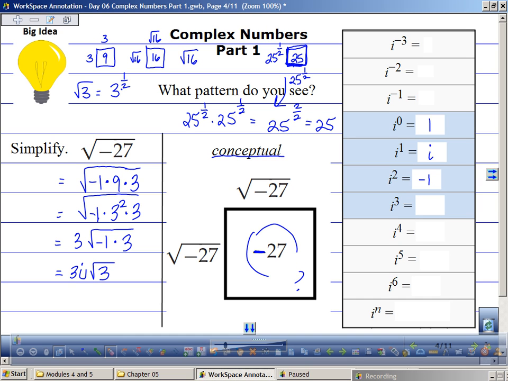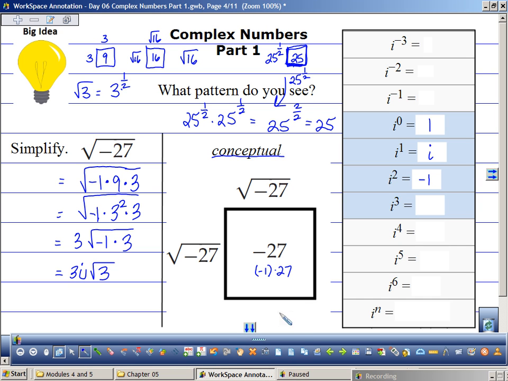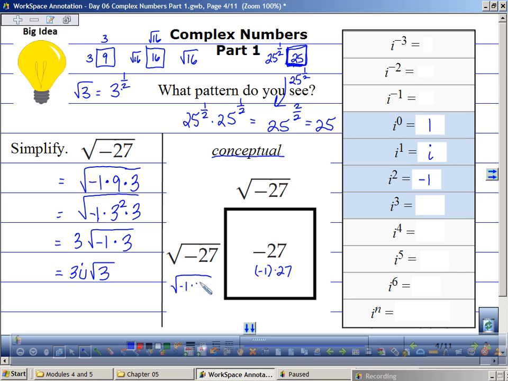This is why. Isn't -27 -1 times 27? Right? So if I were to use this model, isn't this really a -1 times 27 and a -1 times 27?